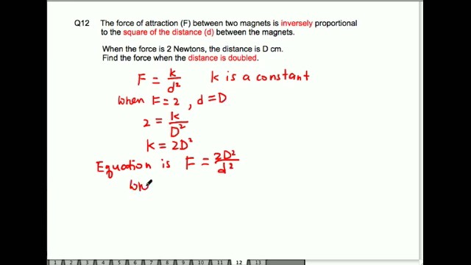So now the distance D is doubled. So D becomes 2D. Substituting into the equation, we have F is 2D squared over 2D squared. Okay, simplifying it, we have F is 0.5 newtons.